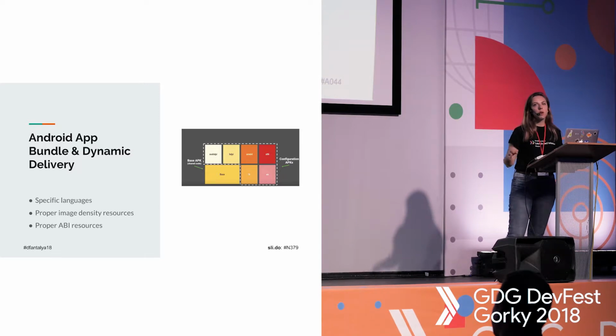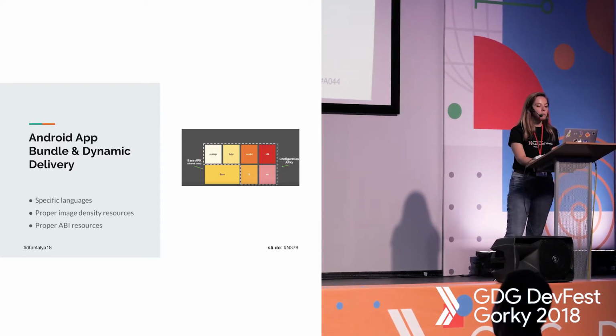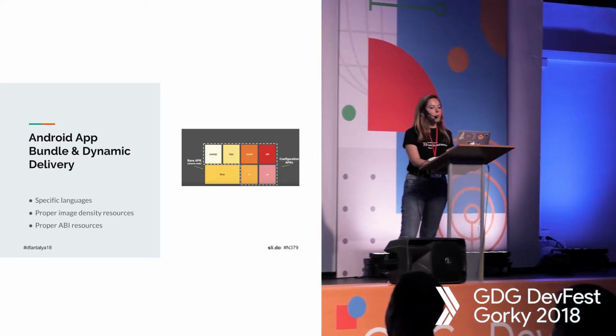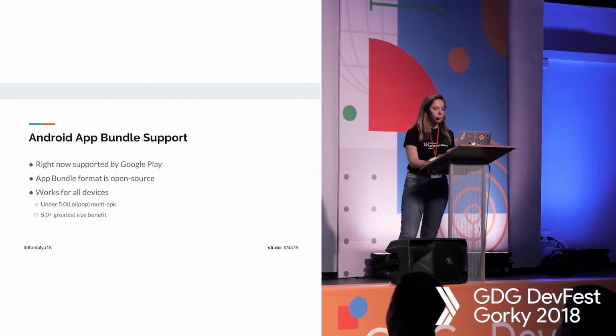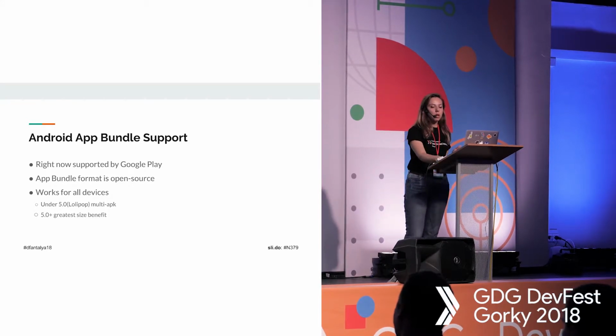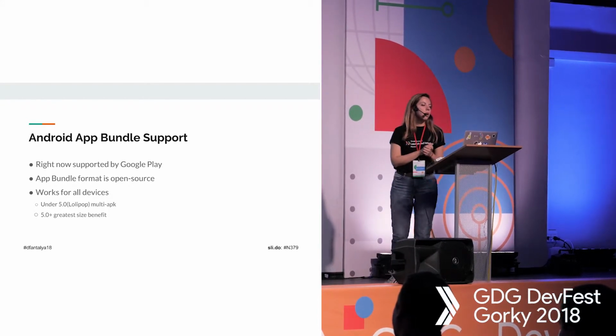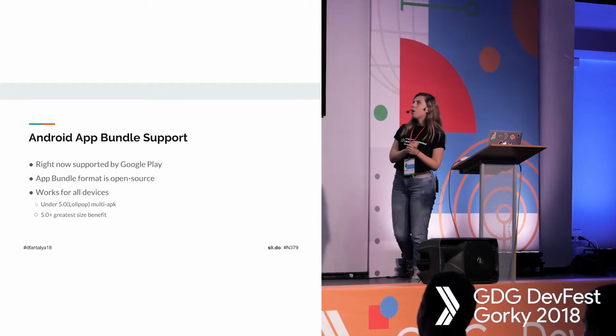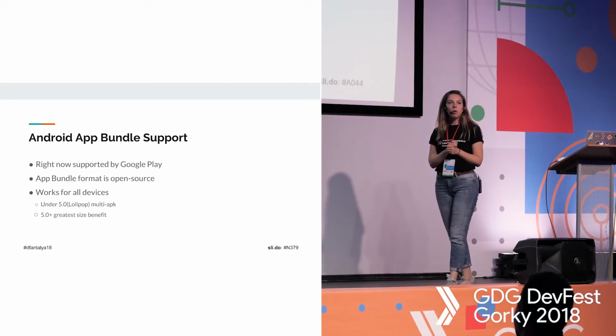But if you are already doing this, and most of us are, then it will be easier to pass to app bundle. It's now supported at Google Play. And another good thing for us, the bundle format is open source.